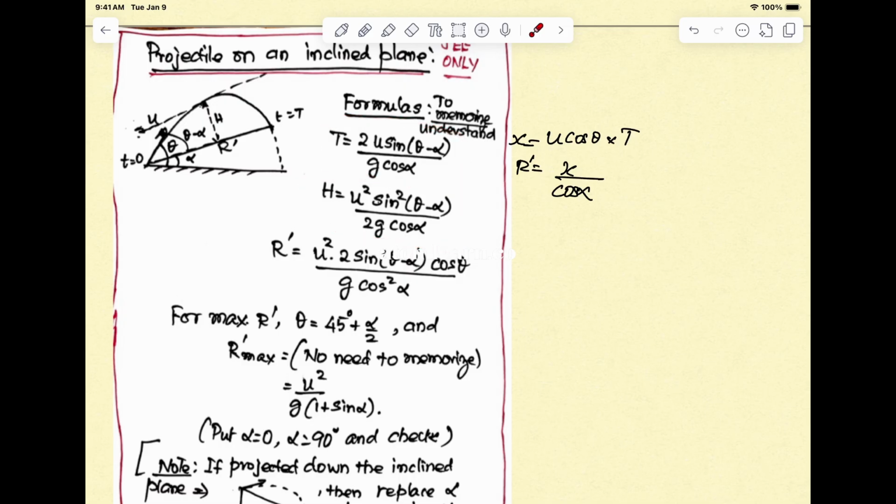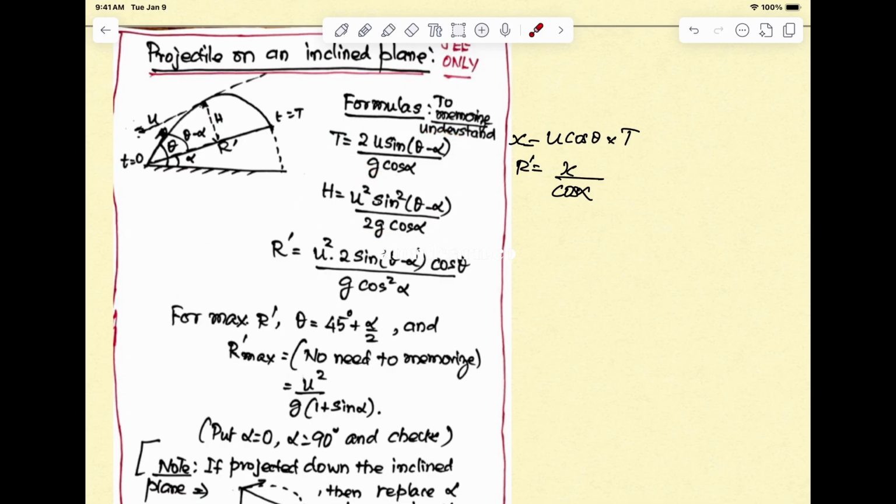The only thing is, the T for ground-to-ground is 2u sine theta by g, whereas this is 2u sine theta minus alpha, where theta minus alpha is the angle over the inclined plane, and g cos alpha is the component of g along the perpendicular direction to the inclined plane. Therefore, this can be easily remembered. And similarly, h is nothing but half g t squared of this. This can be easily remembered.